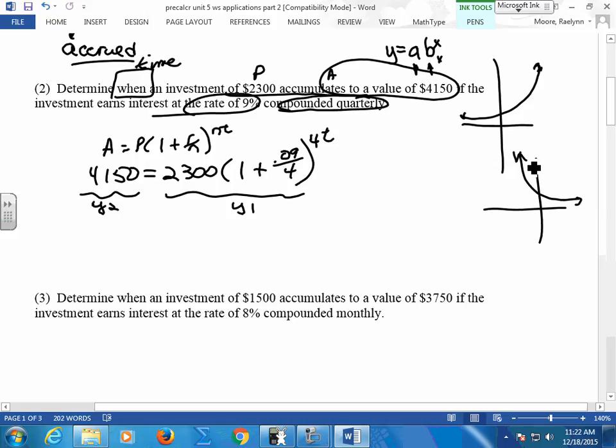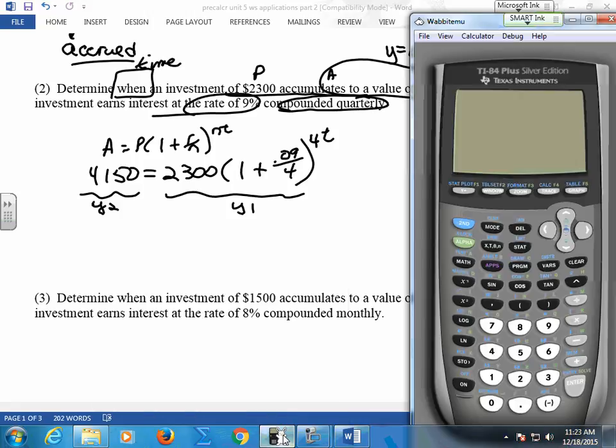The applications say, well, you can't use this quadrant because you can't have negative time. Time is your x value. So this puts us into quadrant 1 whenever we do an application. So let's put this in our calculator. I'll do this with you. Let's see what we get. We may have to change your window, right? Because we're looking at large numbers.